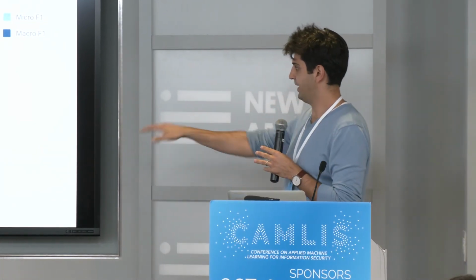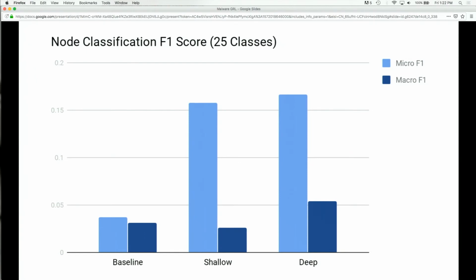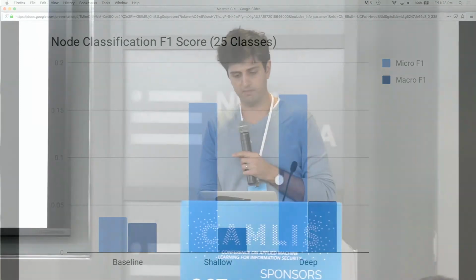The baseline here is a random guess, so it's basically a 1 out of 25 score, both for micro and macro F1. Whereas when you do the shallow random walk-based embeddings, you get a significant performance improvement over the baseline in terms of micro F1, but a slight degradation in terms of macro F1, whereas for the deep one, you get an improvement both in micro and macro.